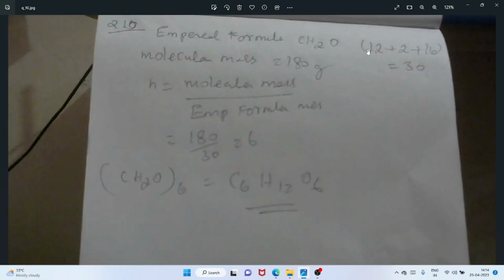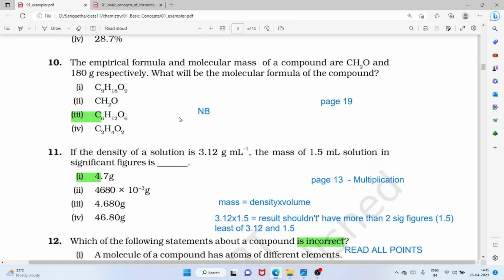Carbon 12 plus 2 plus 16, we have 30 as the empirical formula mass, but molecular mass they have given 180, so the ratio is 6 times. So CH2O 6 times means C6H12O6, H2 into 6, then O6, and this is glucose. Okay, this is the molecular formula.